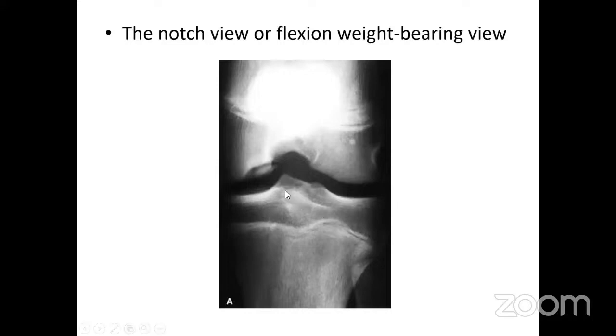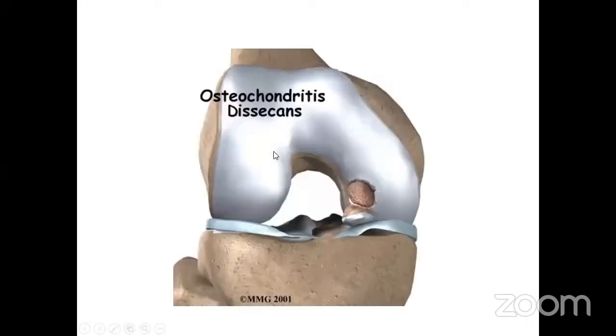Here you can see what looks like a loose fragment in the knee joint, otherwise called a loose body in the knee, in the medial femoral condyle. This is a classical osteochondritis dissecans, and this is the notch view, where you can beautifully see the notch of the femoral condyle. Here you can see a portion of the cartilage being avulsed, maybe due to trauma, and that causes avascular necrosis.